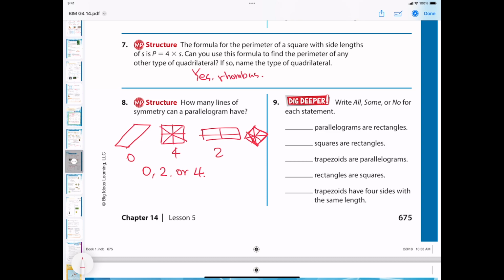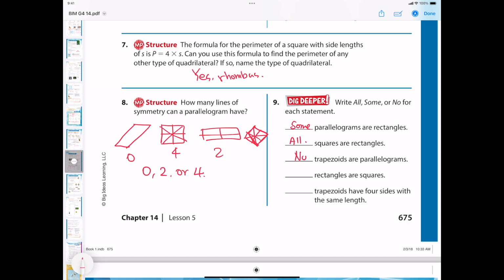Now number 9. Write all, some, or no for each statement. Parallelograms are rectangles. Some of them, not all, because rectangles have to have right angles, but some parallelograms do not. Squares are rectangles. Yes, all. Trapezoids are parallelograms.